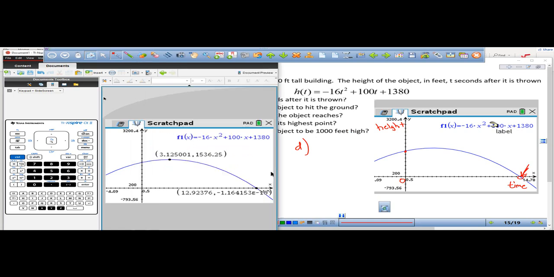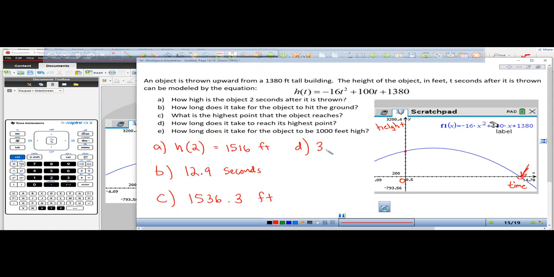If you go to the vertex, the highest point is the y value, 1,536, but how long does it take to get there? That's the x value. So it takes 3.125 seconds. If we round to 1 decimal, about 3.1 seconds.